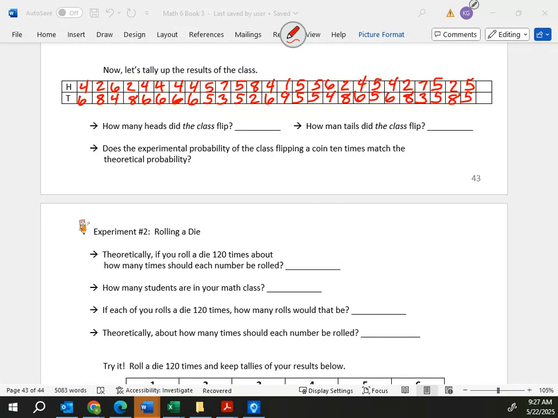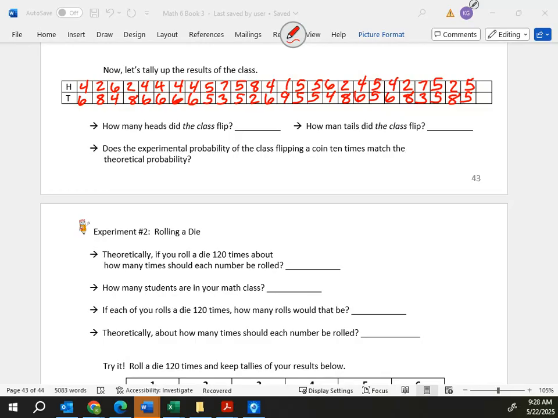We have 4 plus 2 plus 6 plus 2 plus 4 plus 4 plus 4 plus 4 plus 5 plus 7 plus 5 plus 8 plus 4 plus 1 plus 5 plus 5 plus 6 plus 2 plus 4 plus 5 plus 4 plus 2 plus 7 plus 5 plus 2 plus 5.